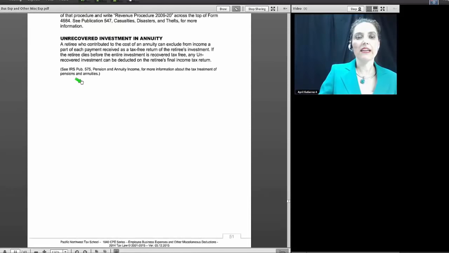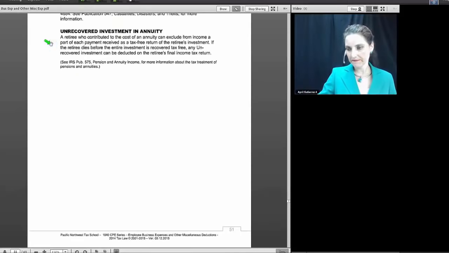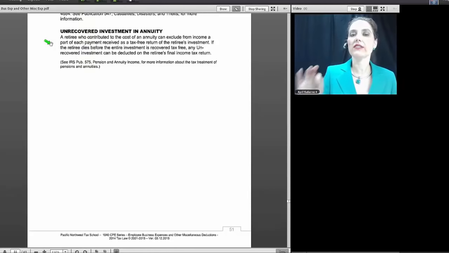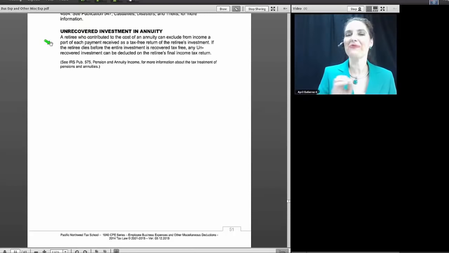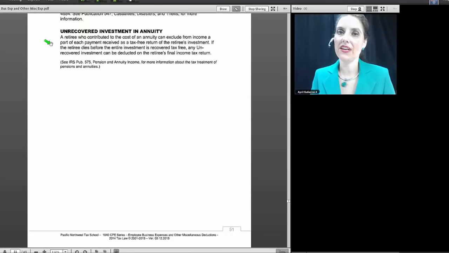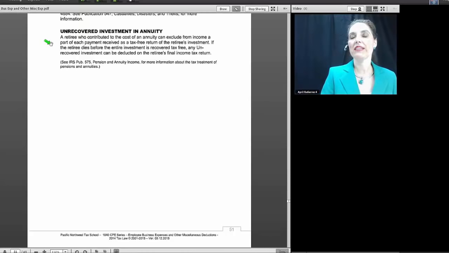And then finally, unrecovered investment in an annuity. A retiree who contributed to the cost of an annuity can exclude from income a part of each payment received as a tax-free return of the retiree's investment. We actually cover the tax-free return of investment in annuities in an earlier course in our series called Pension and Social Security Income.